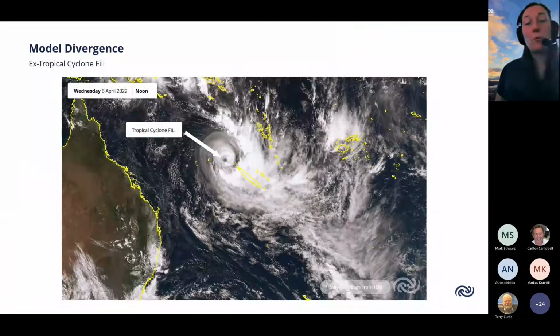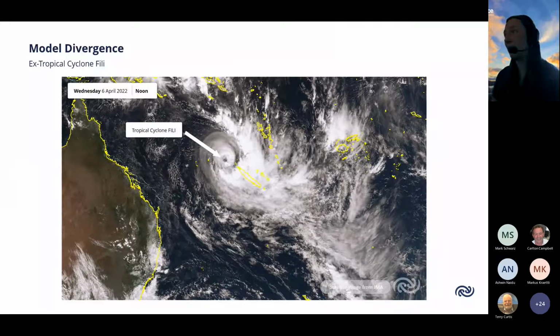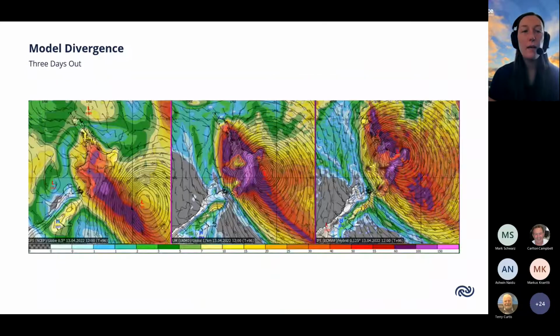Another good example was tropical cyclone Hilly back in April. The media made a pretty big fuss about this guy as it was approaching the country. 3 days out, this is what our deterministic global models looked like.